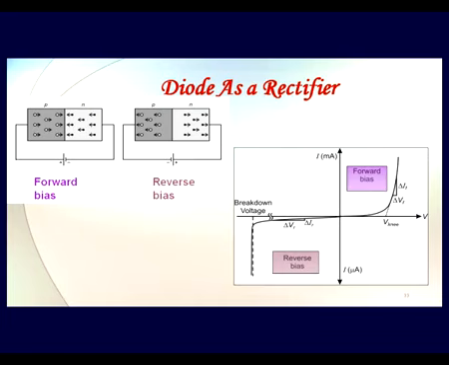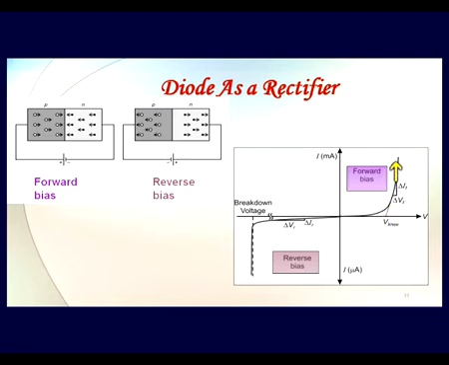Here I am showing you the current voltage characteristics of a diode, where in the left hand side figure we have connected the positive terminal of our supply to the P terminal or anode and the negative to the cathode or N terminal. Then this diode is going to initially slowly increase current, but as soon as it reaches its knee voltage, as it is called, it just shoots up.